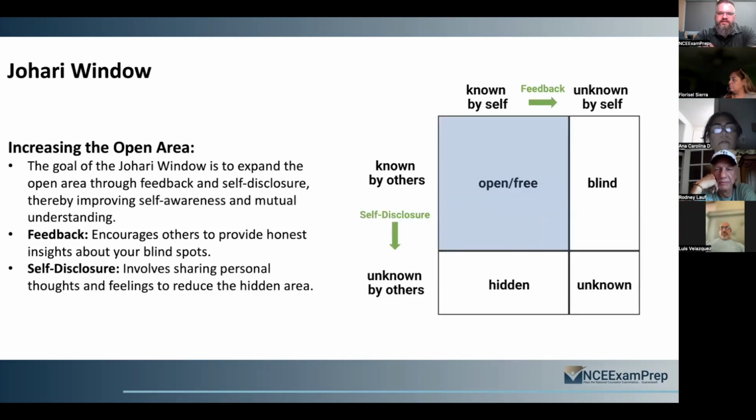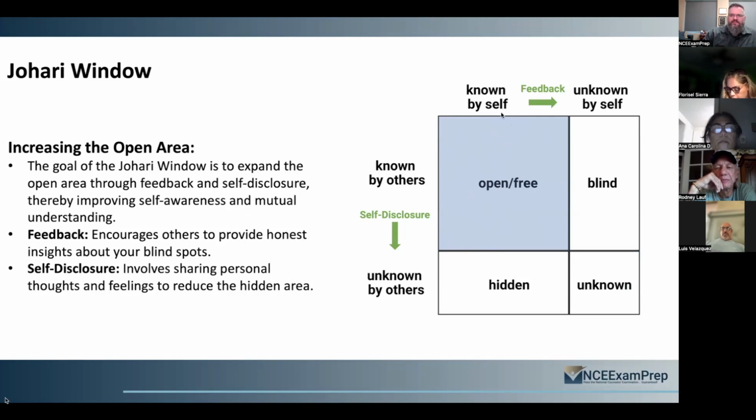So the whole idea here is that we want to be able to expand this quadrant of the open area. And we do that through feedback and self-disclosure. As we have self-disclosure, we open ourselves up to a mutual understanding. Like, I want you to know what I know about me.